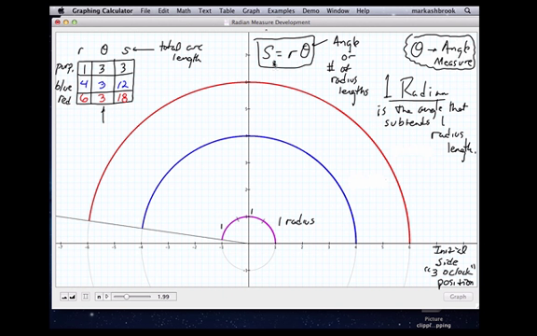How many of them do we have? That's going to give us how far we go along the arc. So I'm just pointing out that although theta is angle measure, it really helps to conceptualize it in this formula as a number of radius lengths. Okay, any questions? Really important. Any questions on this?